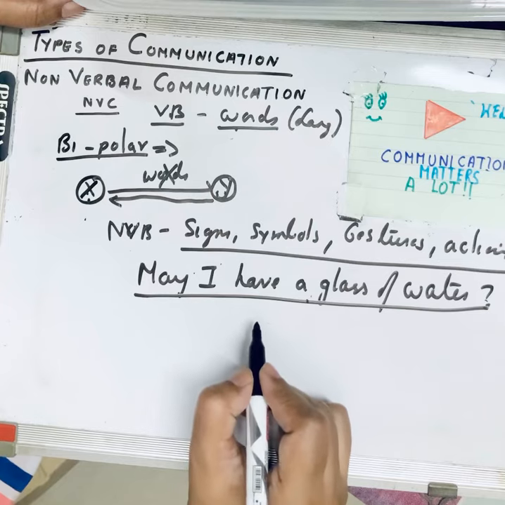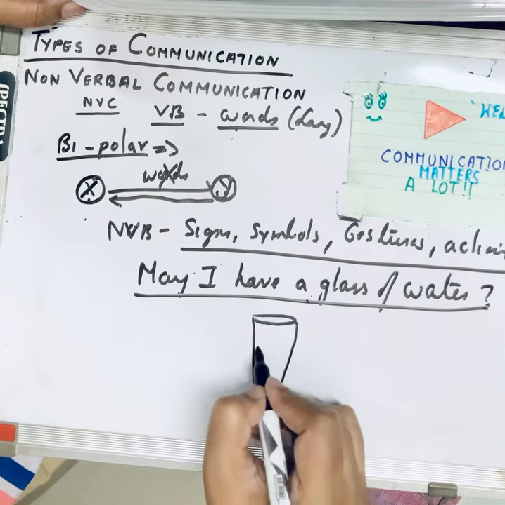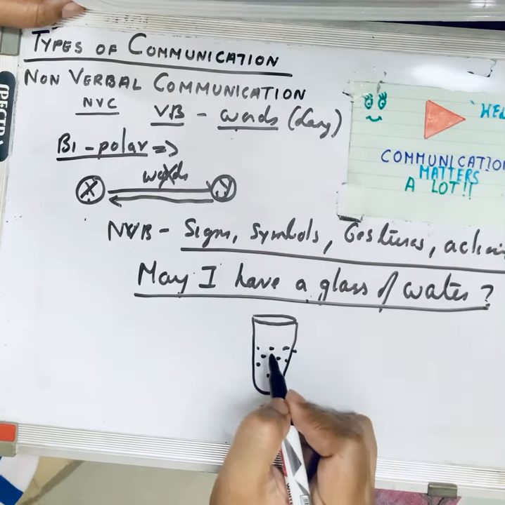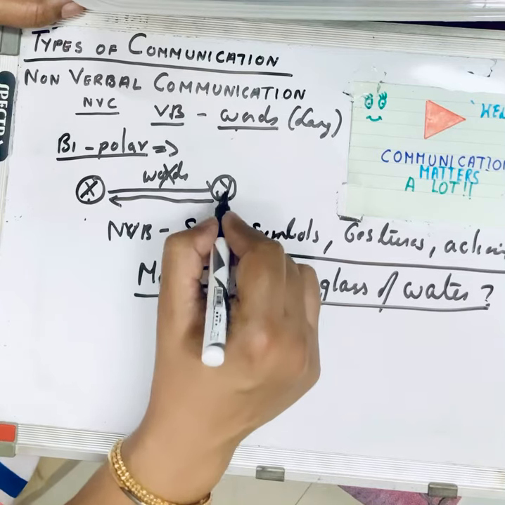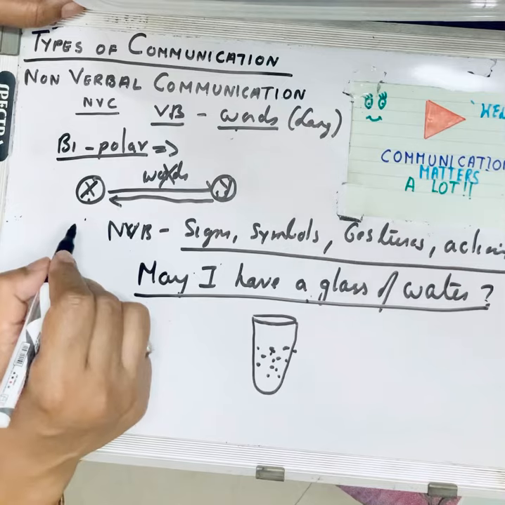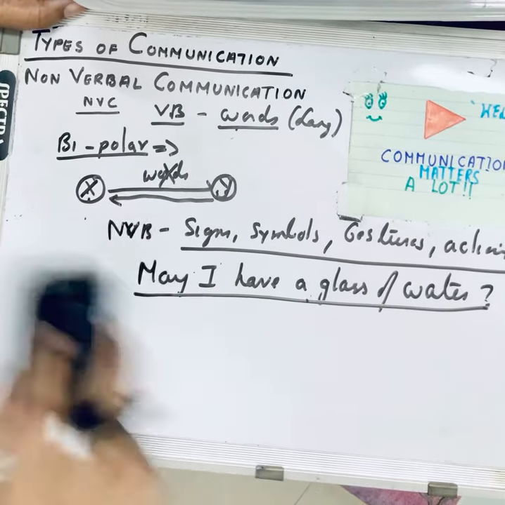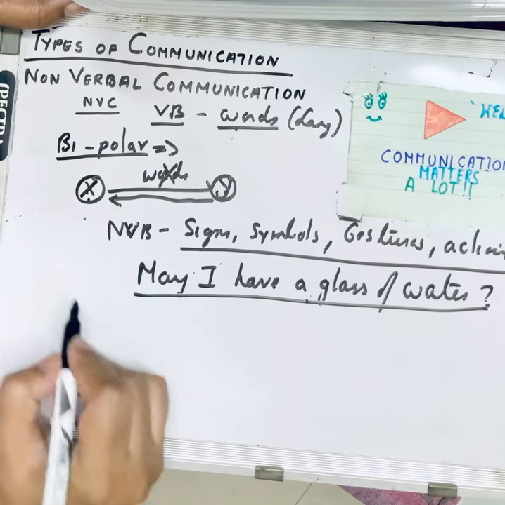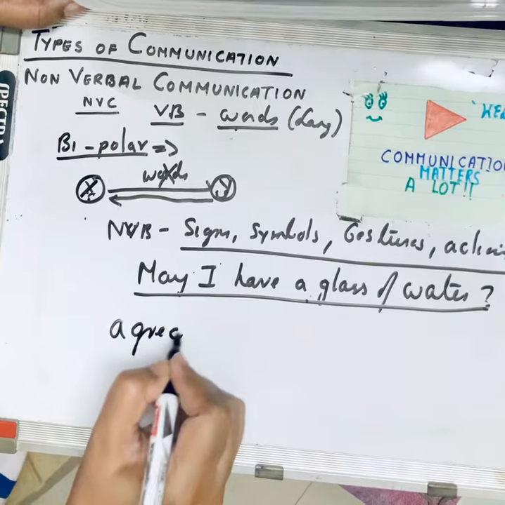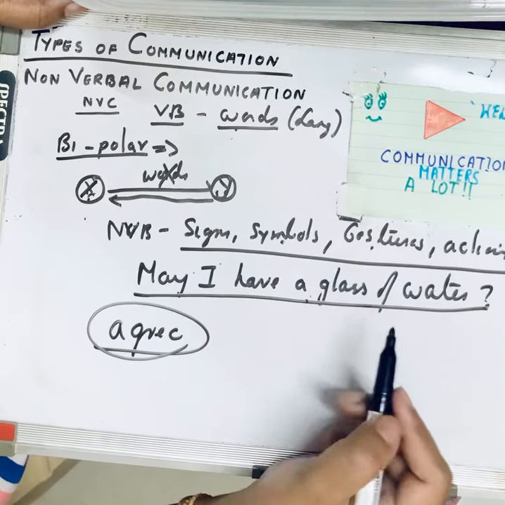Simply, X may just draw a glass and indicate that X needs this glass of water, and Y will understand and give him this glass of water. Now here, what really matters is that X and Y must agree on the signs, symbols, gestures and actions.